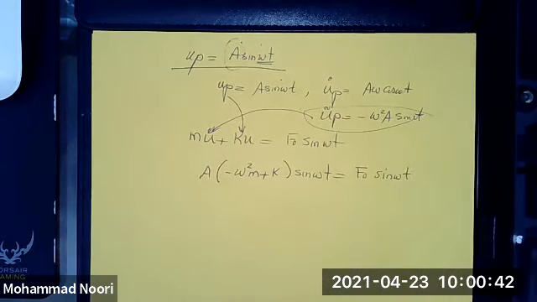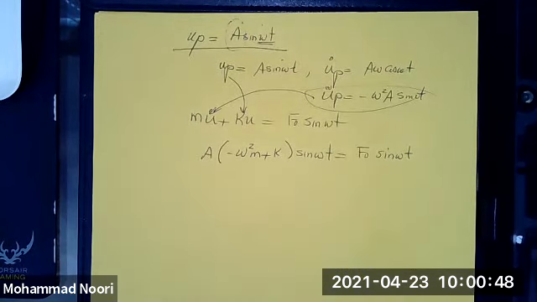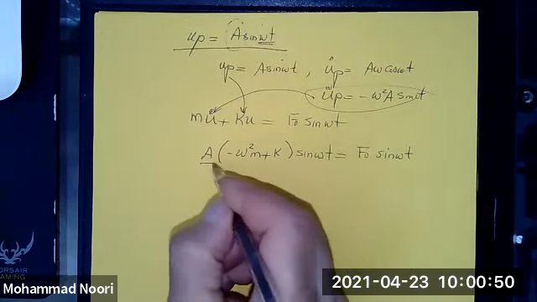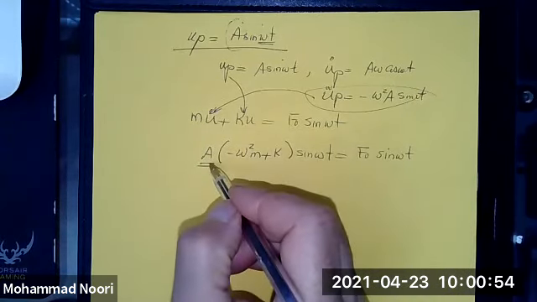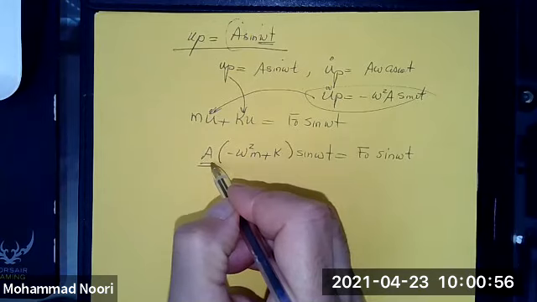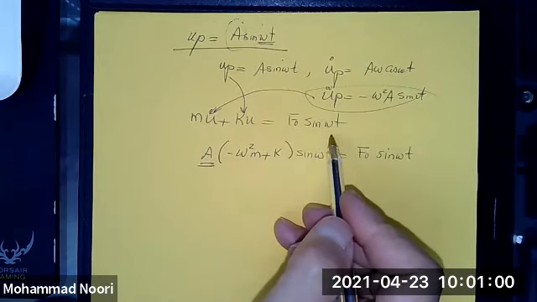So what we are trying to do, similar to what we did for the case of the undamped system, is find these unknown quantities, right? In this case, A, which is the amplitude of the steady state response.